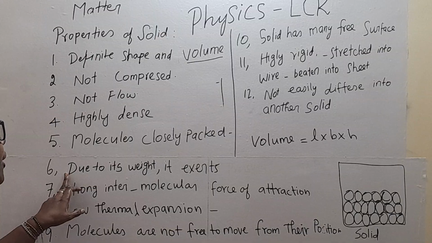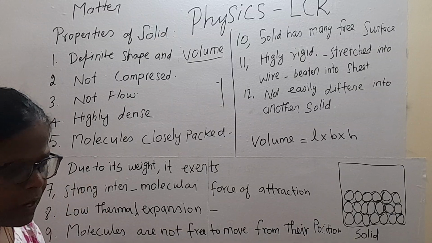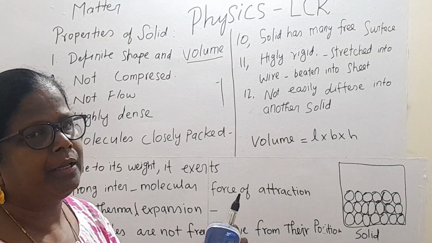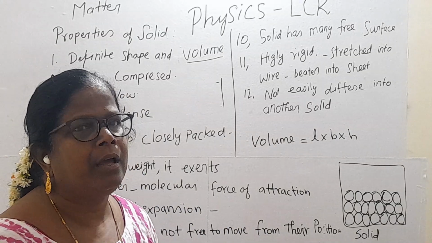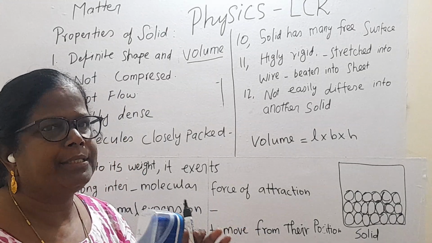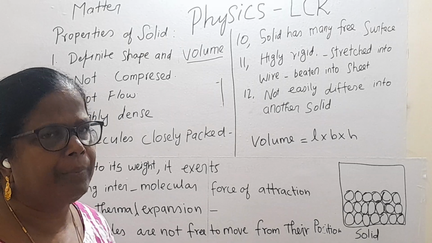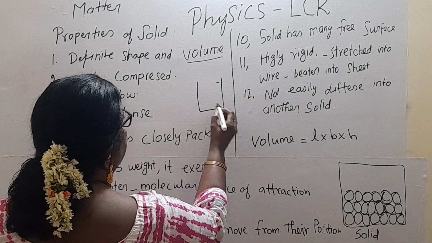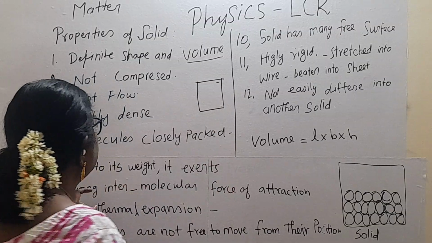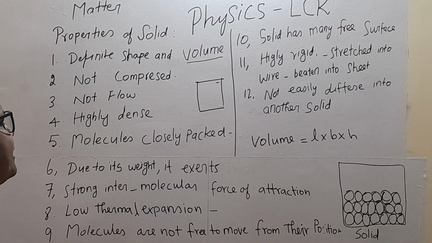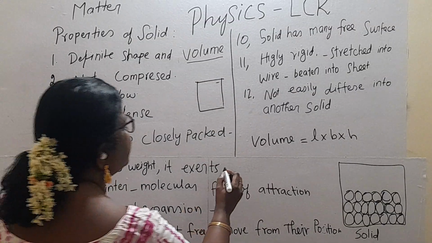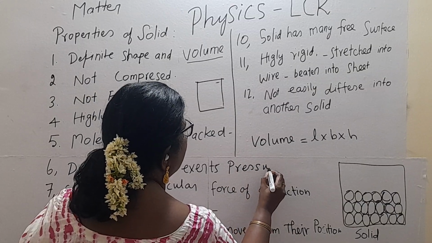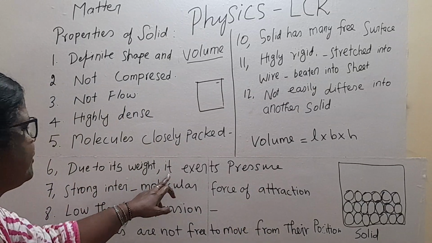Next, due to its weight, all objects, solid objects, liquids, all matter have weight. Air also has weight. Solid, liquid, gases, everything has weight. Solid has weight, so due to its weight it exerts pressure. Just note it down: it gives pressure.